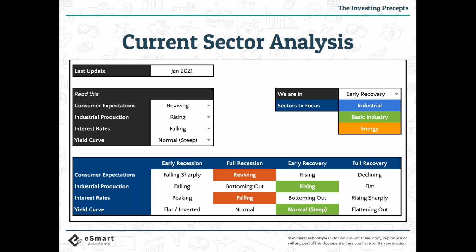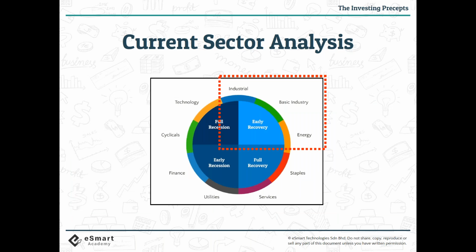If we were to transition into an early recovery economic cycle, which are the sectors that tend to perform better? It will be your industrial, your basic industry, and your energy sector. And that makes sense from an economic point of view as well, because during recession, what will happen to fiscal policy and monetary policy? The central banks will print money.